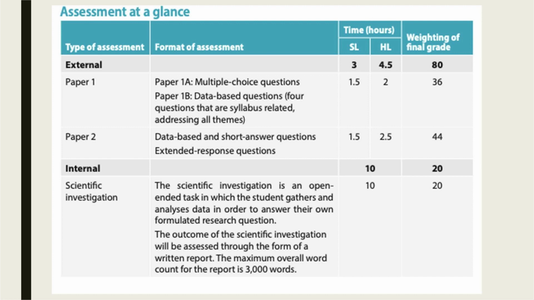When it comes to internal assessment, you have the scientific investigation, an open-ended task in which the students gather and analyze data in order to answer their own formulated research questions. And of course, the maximum overall word count for the report is 3,000 words. It takes 10 hours, and 20% of your final grade is coming from your internal assessment overall.